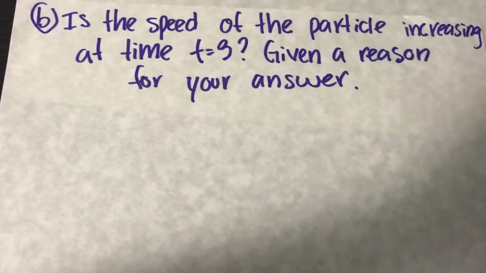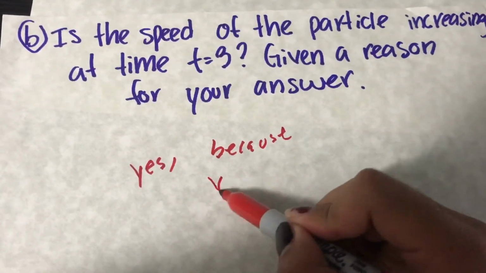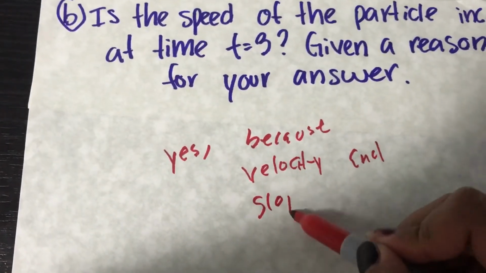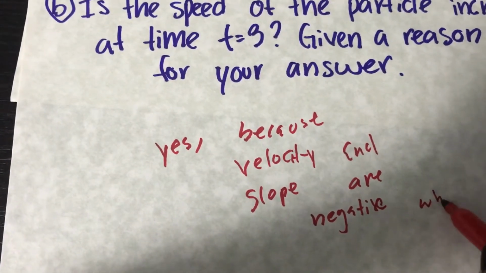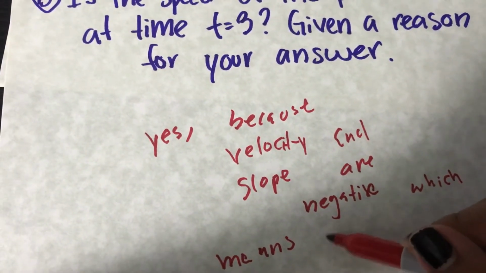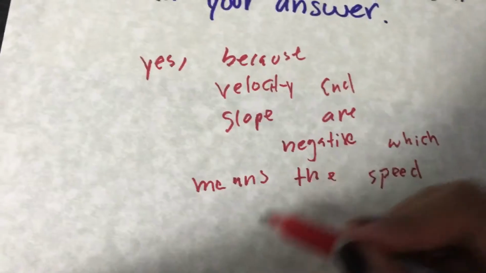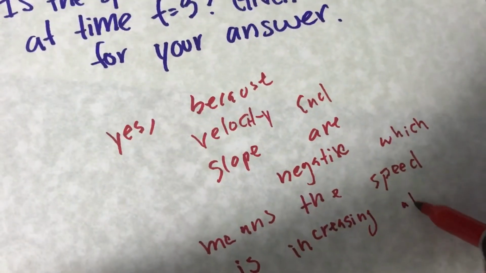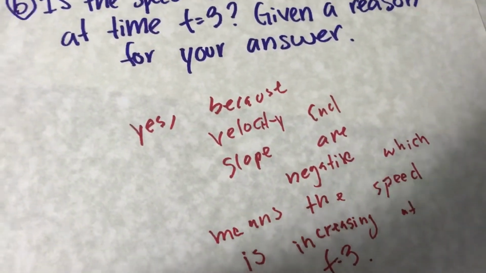I would say yes, because velocity and the slope are negative, which means the speed is increasing at t equals 3. So now you write that neater, and yeah.